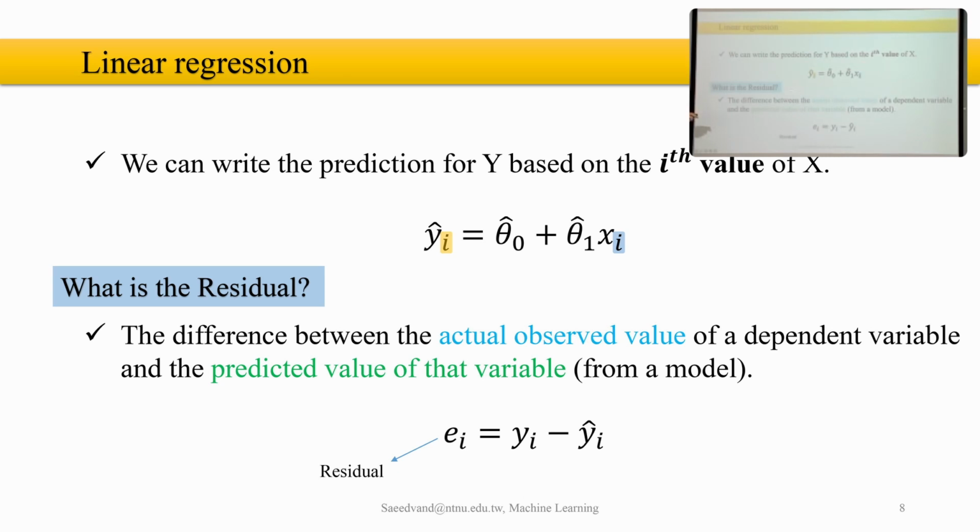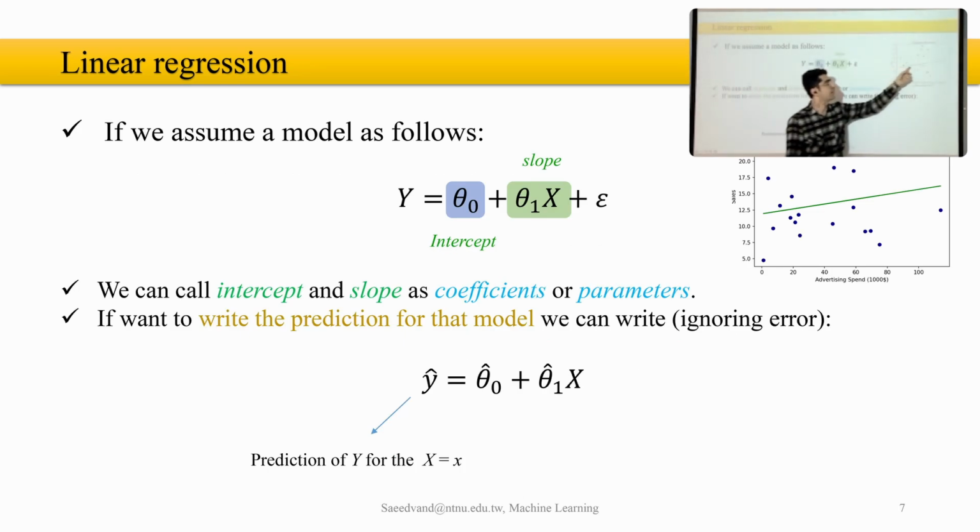The model defined here is defining this line. This term, theta 0 added to theta 1 times x, if you replace it with simple values, you can get this line.